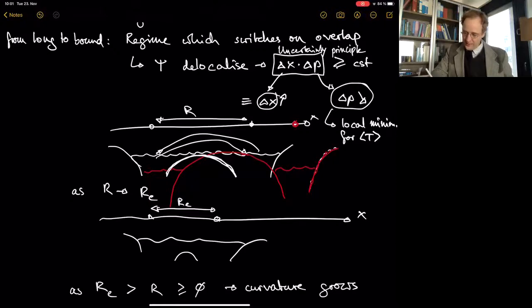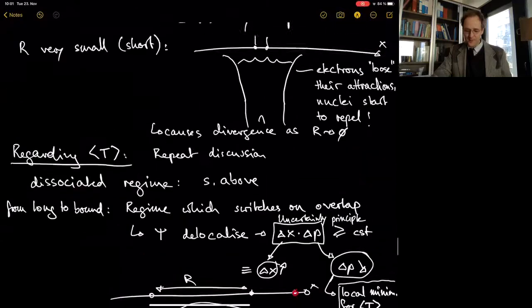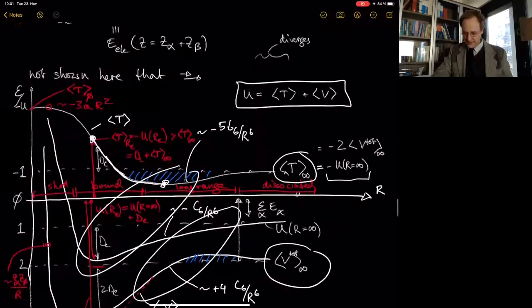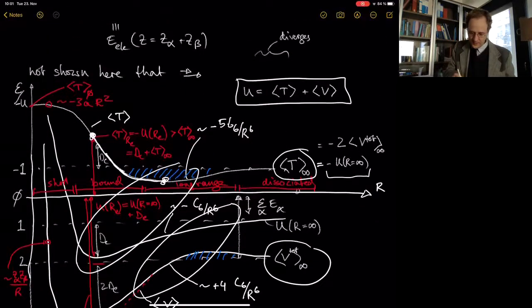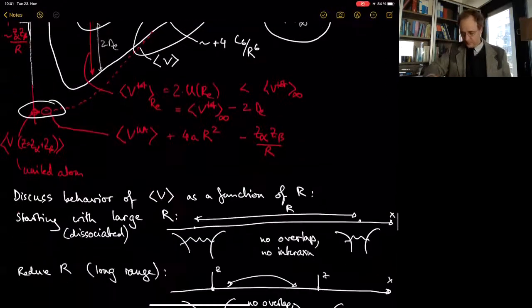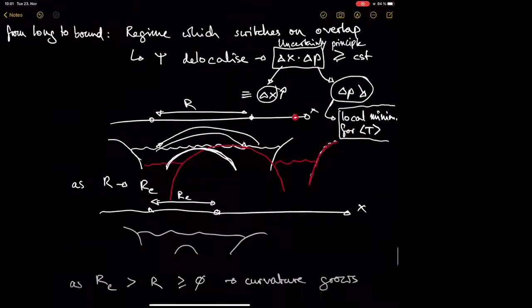So as your momentum goes down, you lose kinetic energy, so you're going down in your T, and that is the reasoning for this local minimum in your T. That's what you have here, right? Does that make sense? Yeah, I think so.